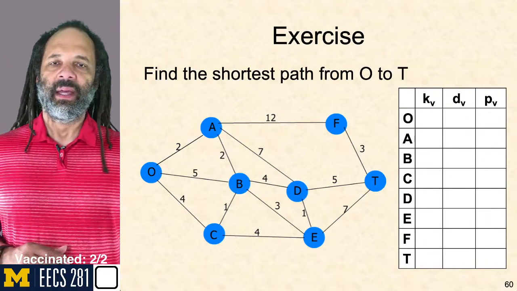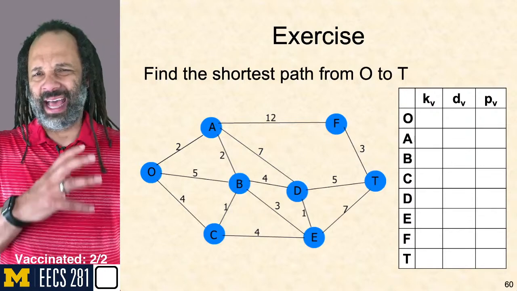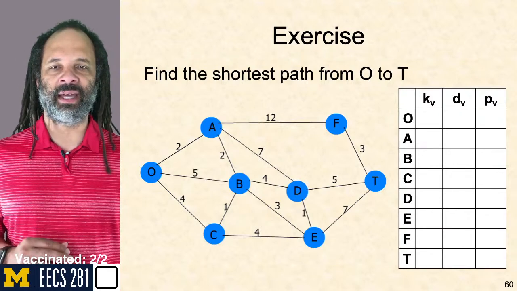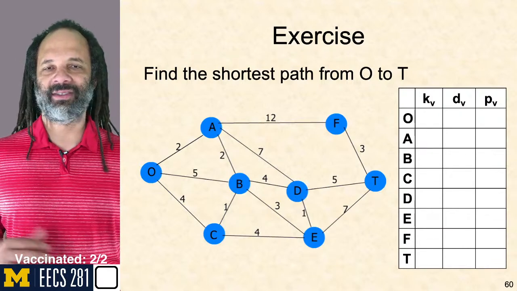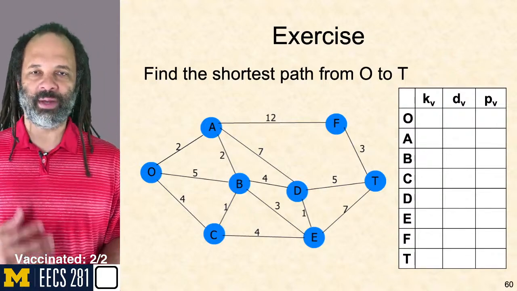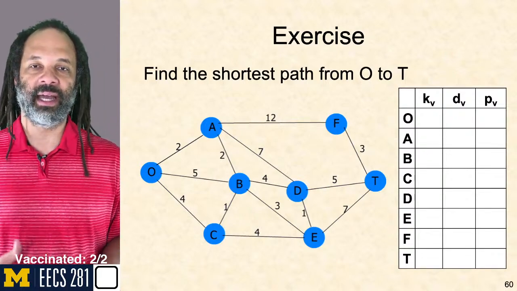So then if I was going to ask you a question on the exam about how do I find the shortest path from O to T using Dijkstra's algorithm, obviously asking you the weight of that path would not be a good exam question because you can figure that out without using Dijkstra's.